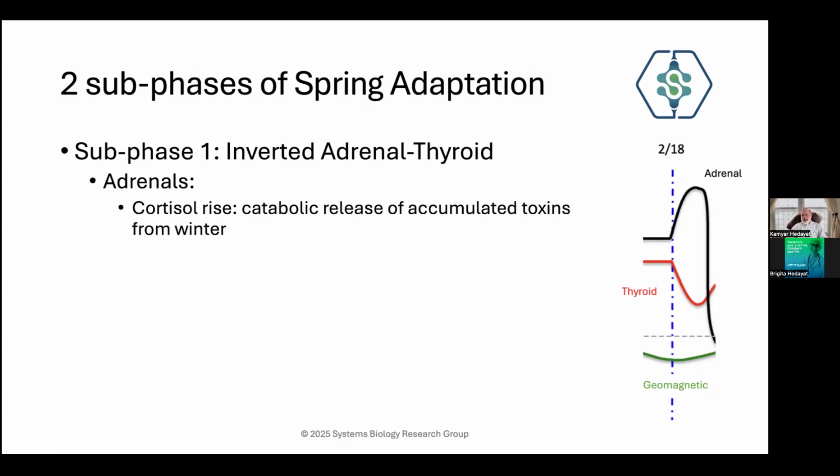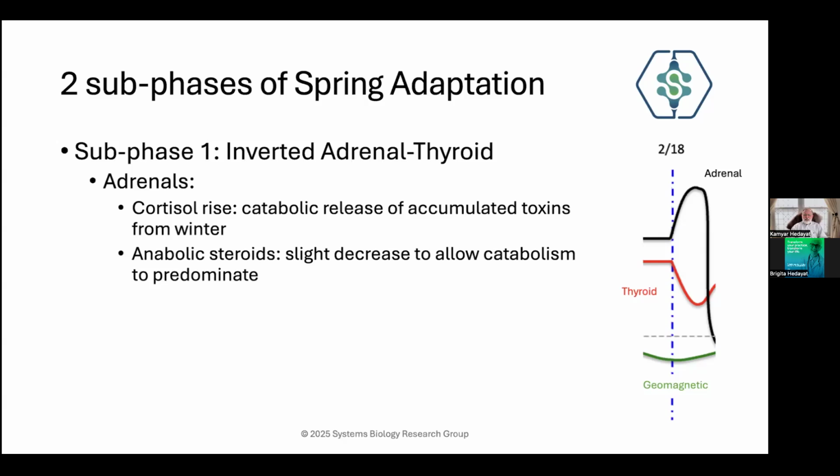So cortisol rises in particular. Why? Because it's increasing catabolism and allows for the release of accumulated toxins, most of which were stored in fat cells during the winter. There should be a slight decrease in the anabolic steroids in the adrenal cortex, and this allows catabolism to predominate.